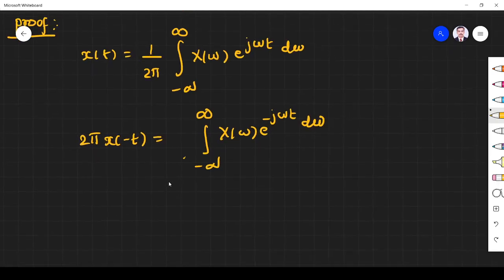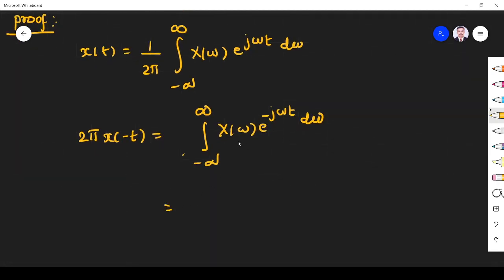Now you see it is like a Fourier transform of X of omega. What is the Fourier transform of x of t?